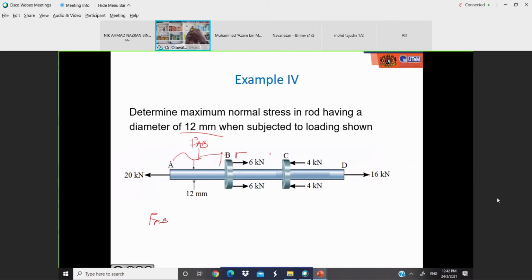Between here and here, FBC. Between here and here, FCD. For you to calculate your FAB, FBC, and FCD, for FAB, put on the cut AB. For FBC, put on the cut BC. For FCD, put on the cut CD. Faham?